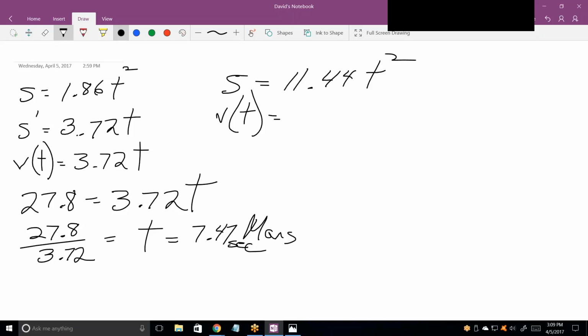That would be 2 times 11.44, 22.88 t. Okay. And again, they want to know where on Jupiter does it hit a velocity of 27.8?